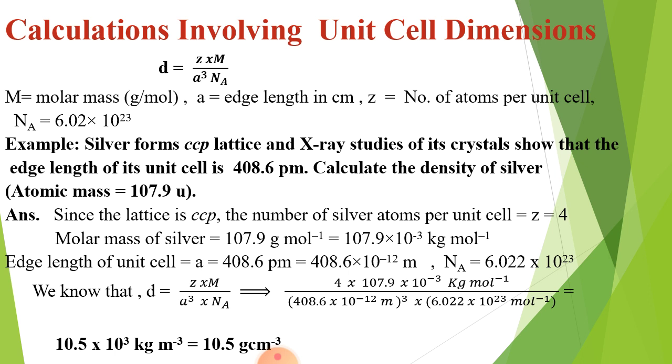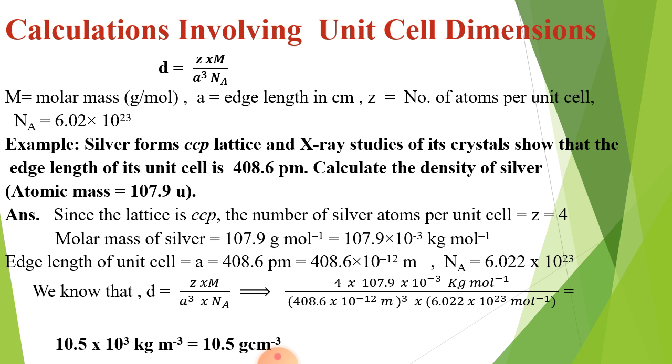Answer you have to write like this. Since the lattice is CCP, that is also known as FCC, the number of silver atoms per unit cell is 4, that is Z equal to 4. The molar mass of silver, or atomic mass of silver, is given here. You can also convert this into kg per mole if required. The edge length of the unit cell a is given in picometer, multiply by 10 to the power minus 12 to change to meter. Na is given.